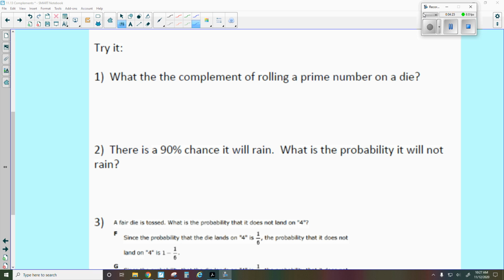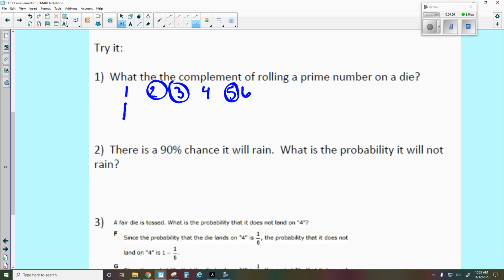What is the complement of rolling a prime number on a die? So the die's outcomes are 1, 2, 3, 4, 5, 6, and the prime numbers are 2, 3, and 5, right? So we want the complement of that.